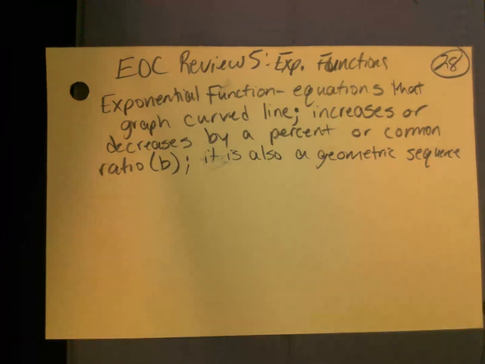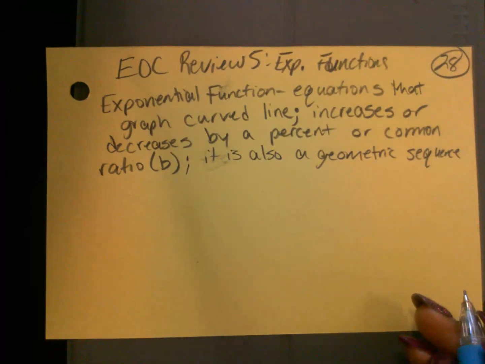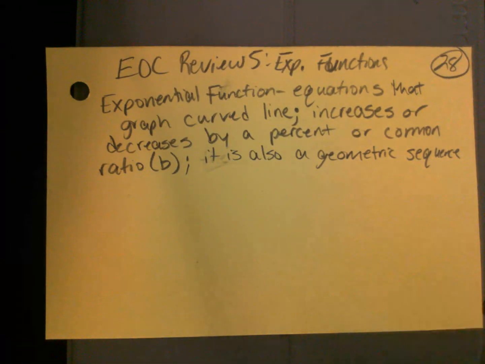But you always write it in terms of multiplication. So if you're dividing by 2 to get to the next number, you're really multiplying by a half. Your common ratio is going to be a half. If you're dividing by 3, you're really multiplying by a third. You always write it in terms of multiplication.